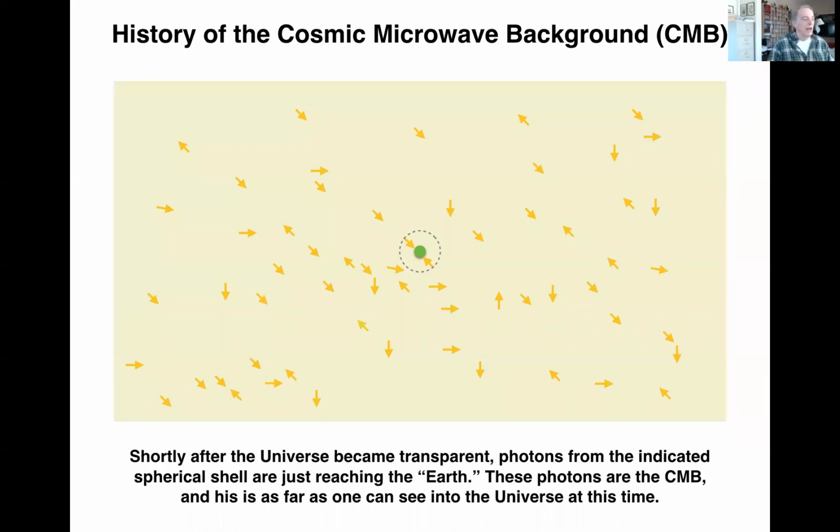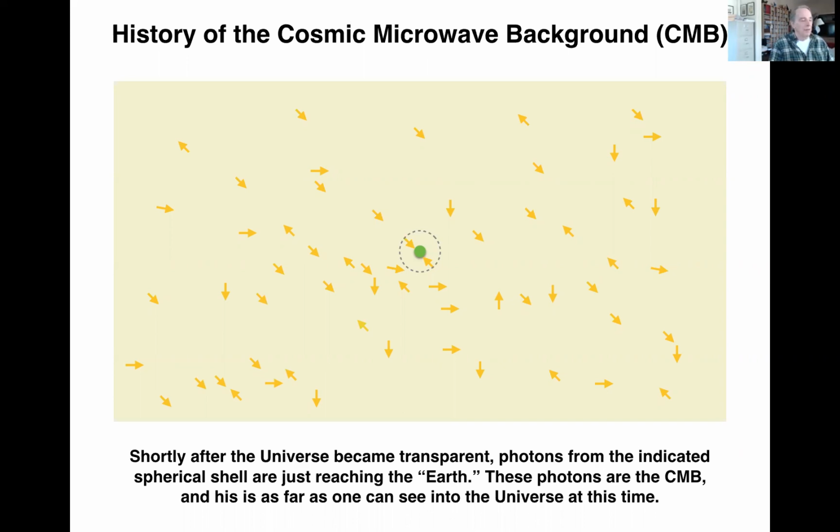And the photons that were arriving at the Earth at that time would have come from this dotted circle. Actually, think of a sphere, if this were 3 dimensions. Photons coming from the surface of that sphere directed towards the Earth would be hitting the Earth at that time.